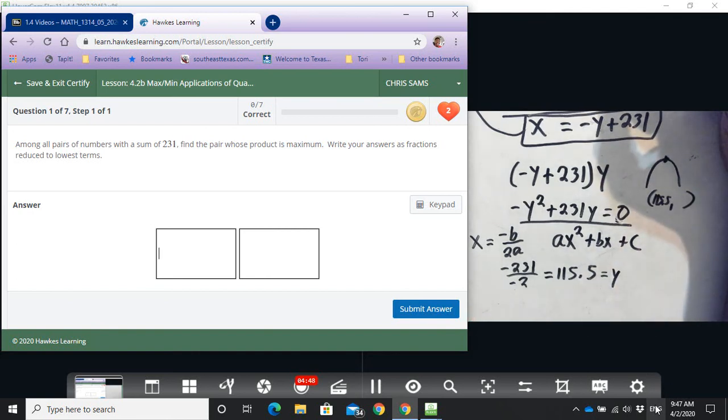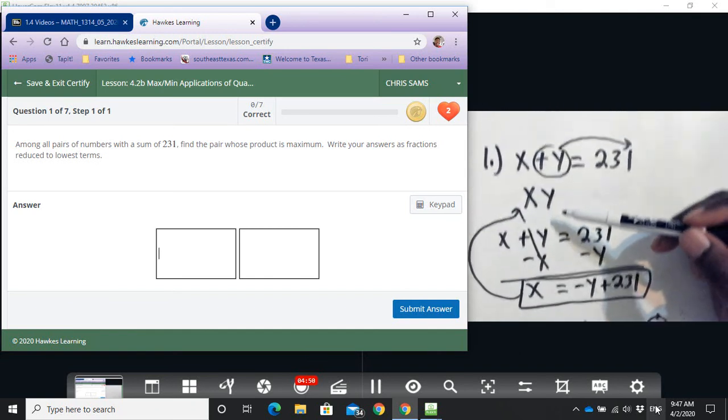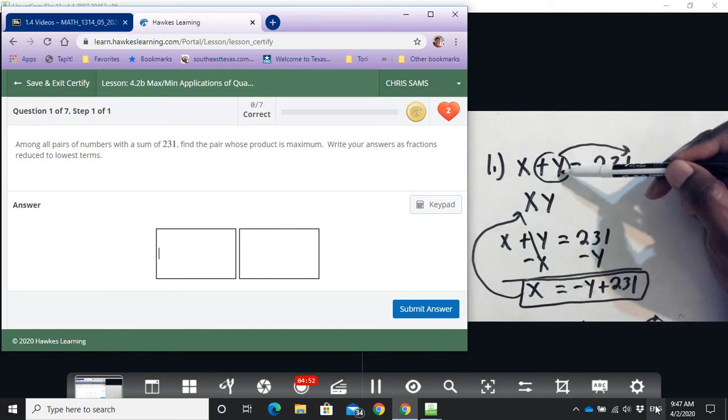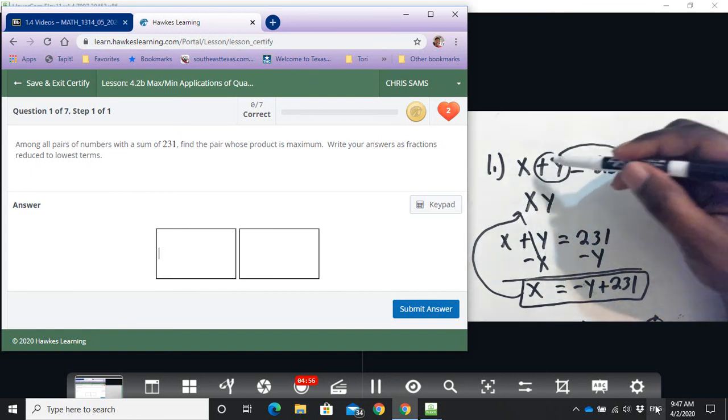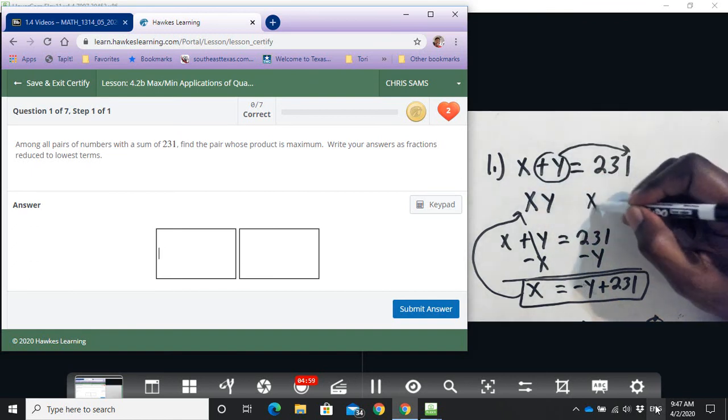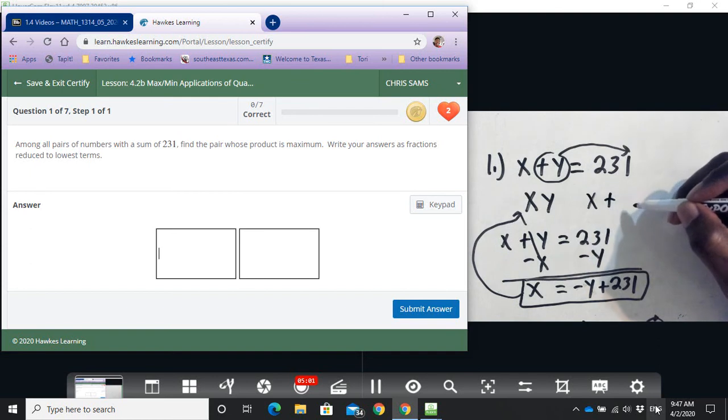If we go back up and plug that y value in, because that's what we solved for right here. So we have x plus y, which is 115.5, equals 231.